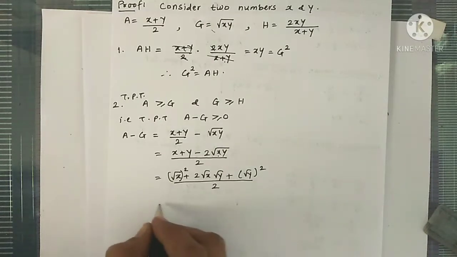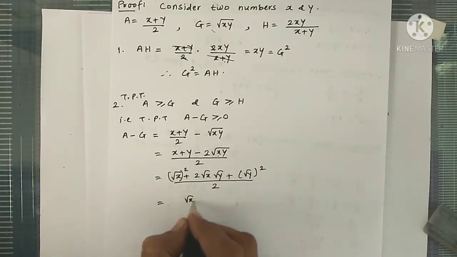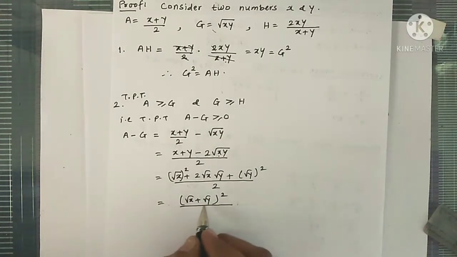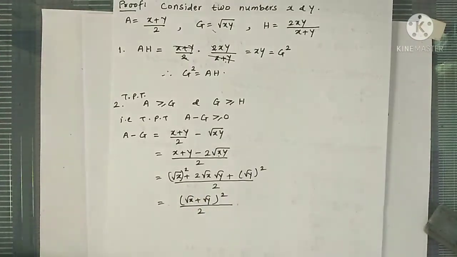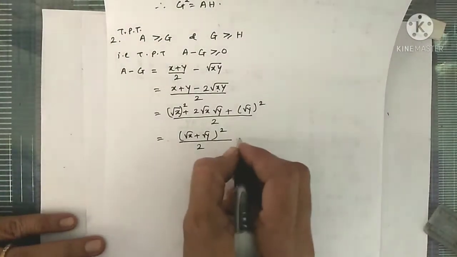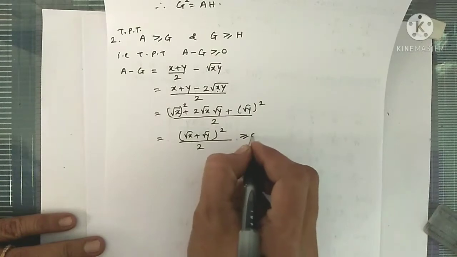Now why are we writing like this? Because if we write like this, it becomes root x plus root y whole bracket square, as a plus b square is a square plus 2ab plus b square. Now we know that square of any real number is always greater than or equal to 0.